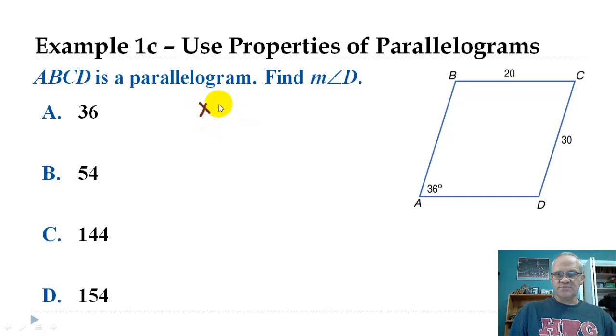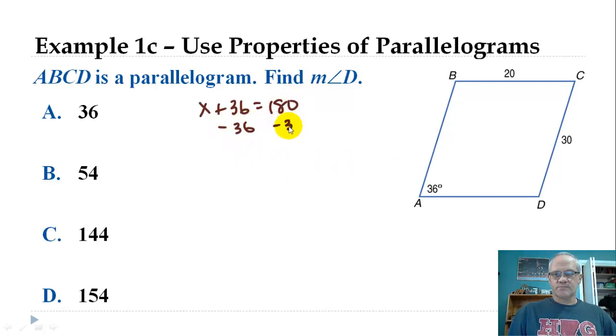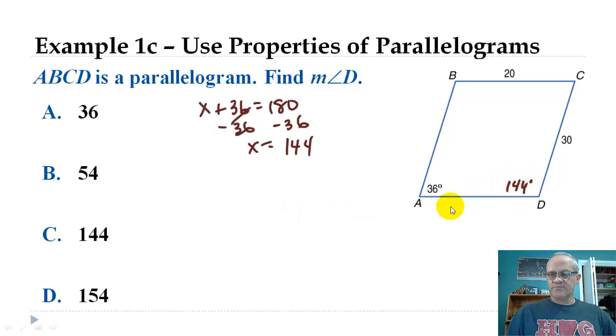So x plus 36 has to equal 180. So I can just subtract 36, and then I'll find out what angle D is, and in this case, it's 144. So it looks like this would be 144 degrees, and that's C, and yes, the bouncing red circle says 144. All right, good.